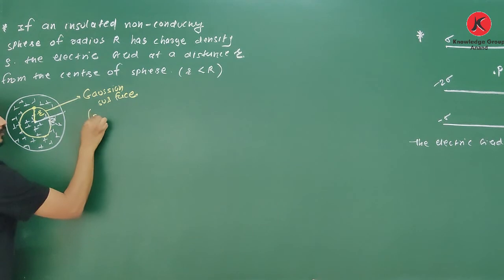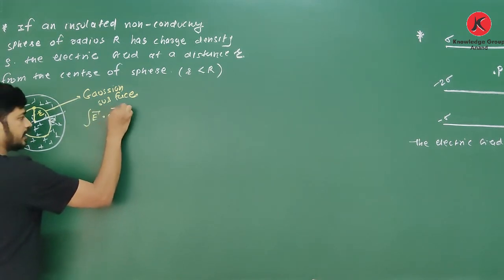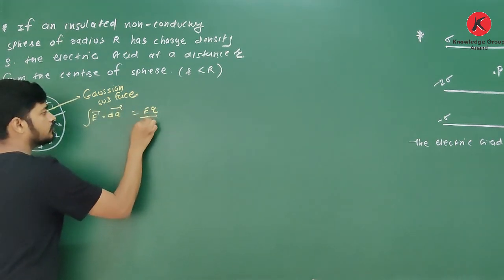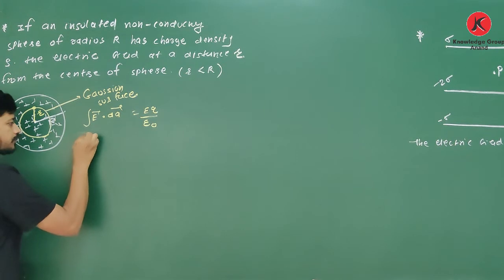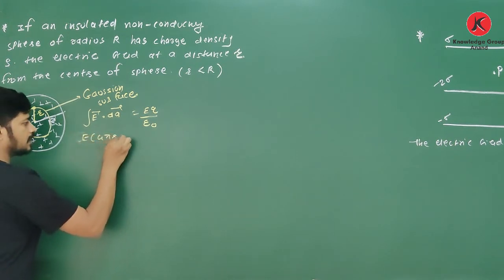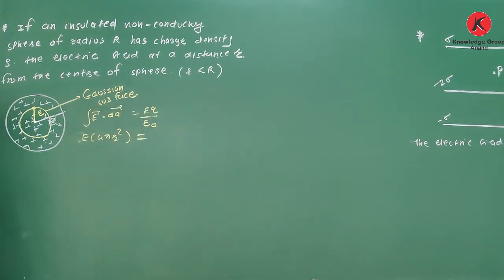So what is Gauss law? It is integration E dot dA is equal to sigma q upon epsilon 0. We know the answer of integration E dot dA: it is E 4 pi r square. But what about sigma q, the charge enclosed by the Gaussian surface?